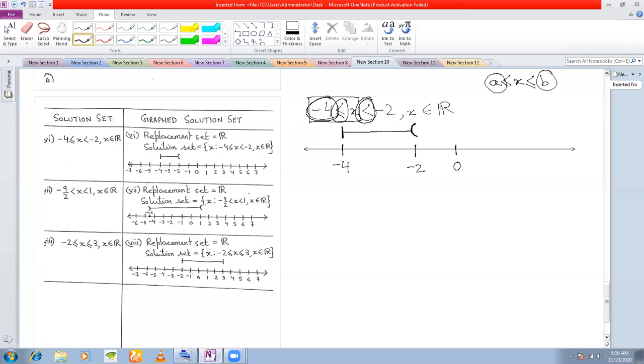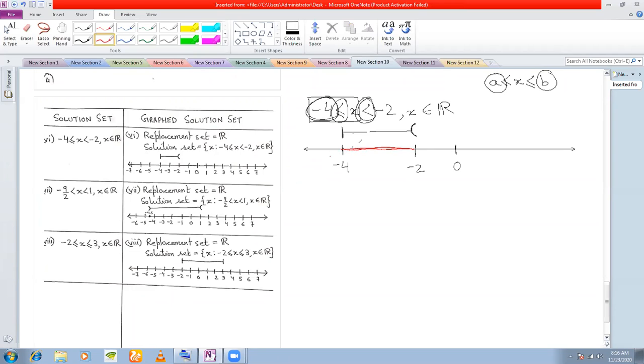So this entire part of the line, except a very small part, since I have not touched minus 2, gives you your solution.